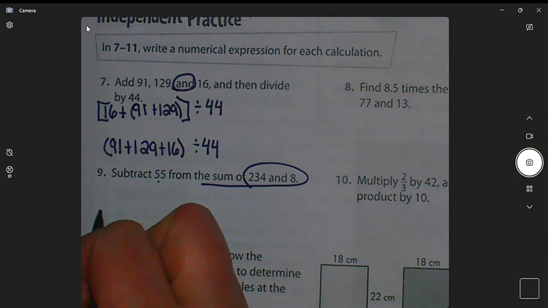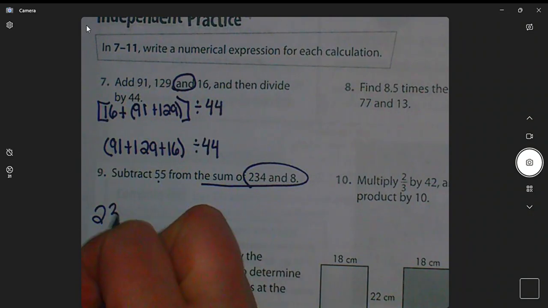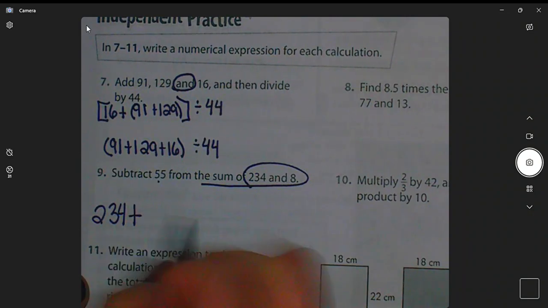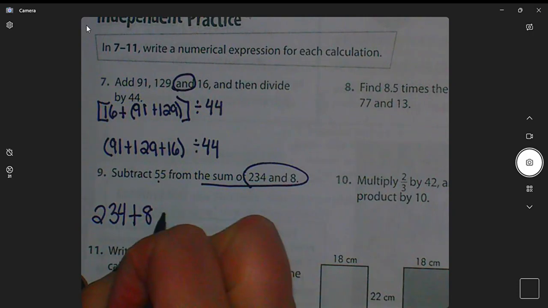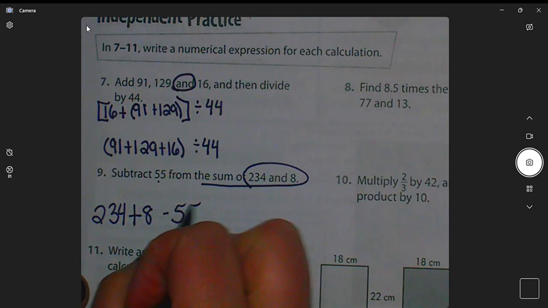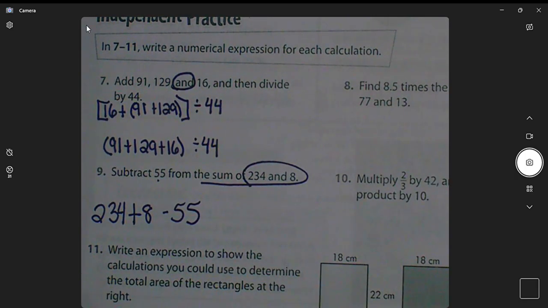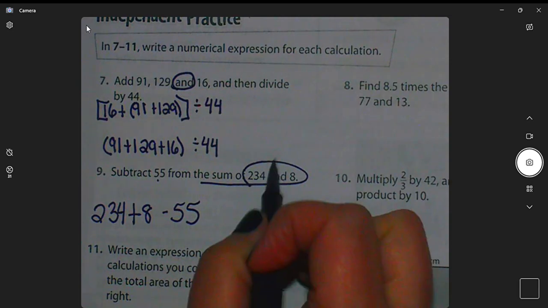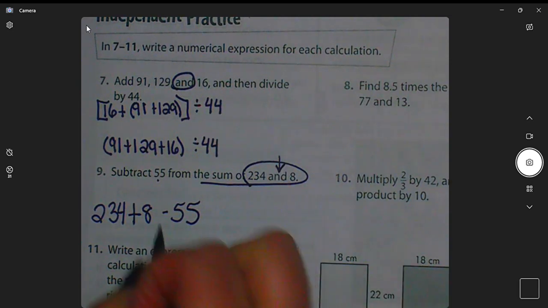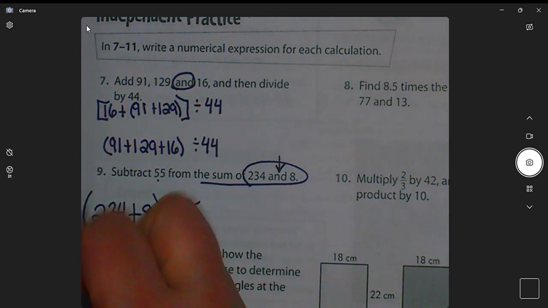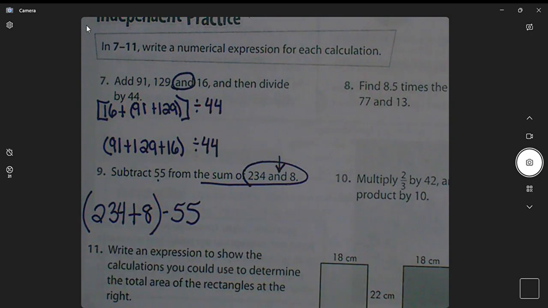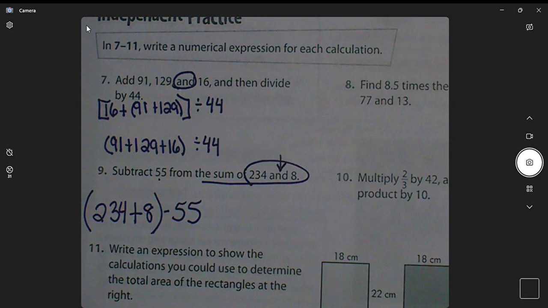So 234 plus 8 minus 55. Now, am I done? You're right. Why? Yeah, this word right here, and, tells me I have to group it. Let's look at one more.